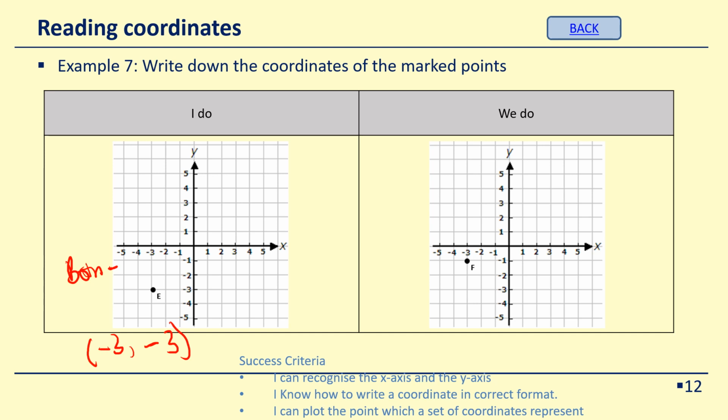Alright, having paused the video, you should get the answer. Minus 3, minus 1. Okay, if you didn't get that, it's because it's back 3 and down, so back is negative and down is negative, or left.